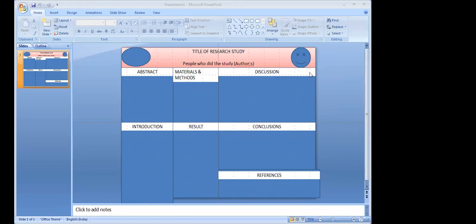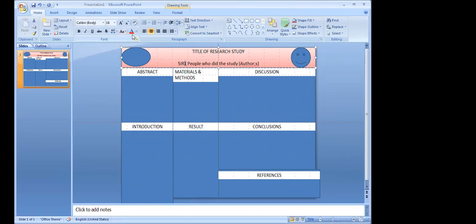Now there is a first author and a second author. Let's say the first author's name is some sir. What you need to do is put a one here as a superscript.